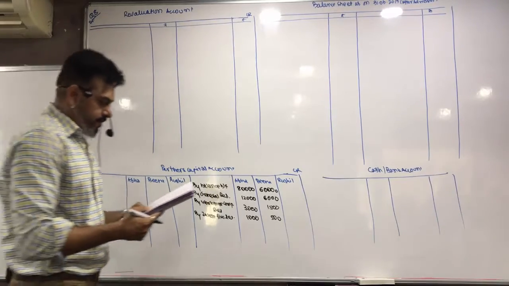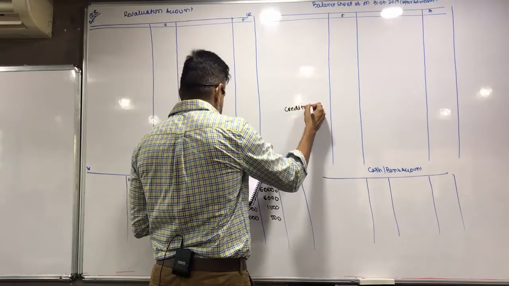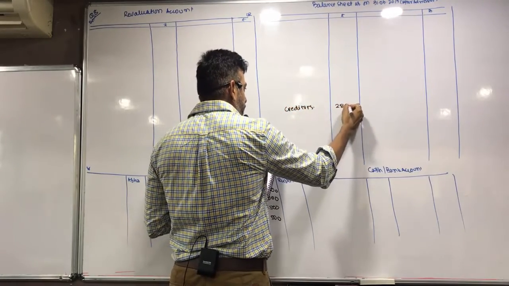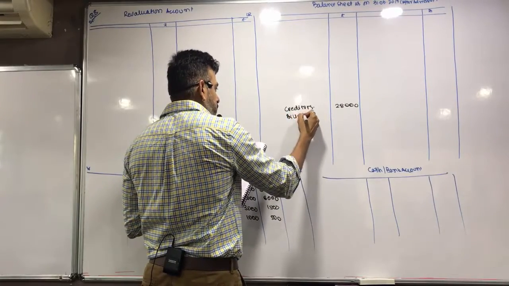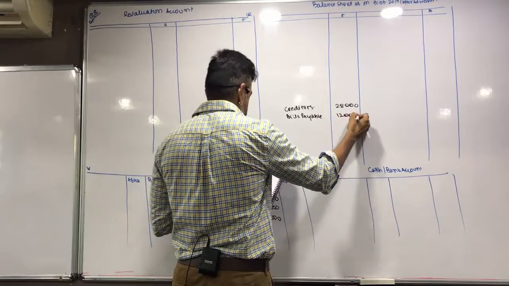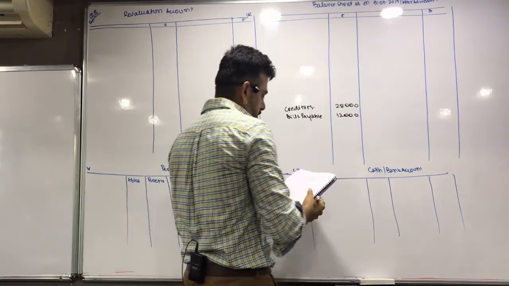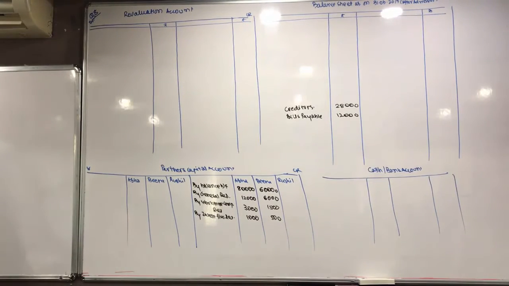Creditors, no adjustment, 28,000. Bills payable, no adjustment, outer column, 12,000. Goodwill is distributed between partners.